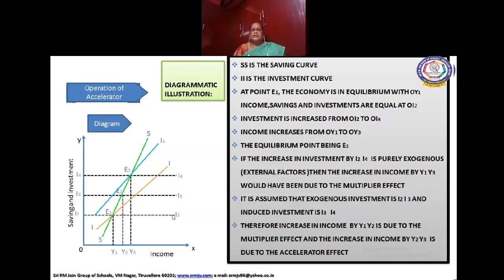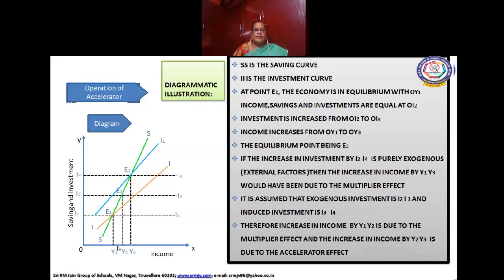Are you able to understand? Both sides have been given. Therefore, the increase in income from Y1 to Y2 is due to the multiplier effect.